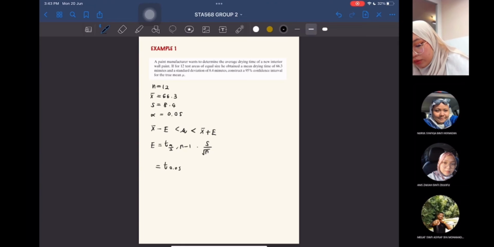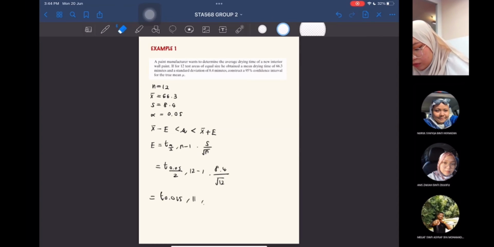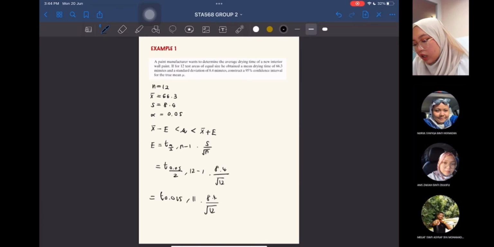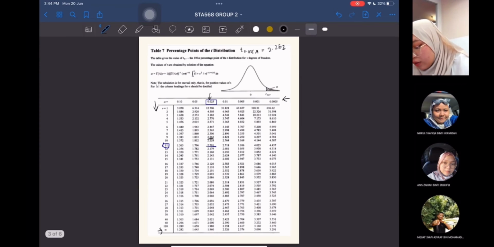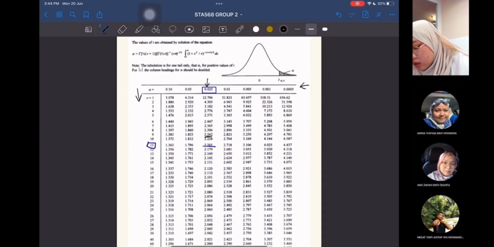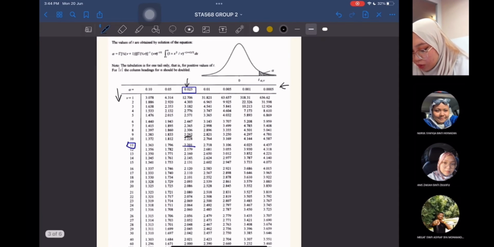That is t 0.05 over 2, comma 12 minus 1, times S, which is 8.4, over the square root of 12. For t 0.025, comma 11, we take a look at table 7. For alpha 0.025 and v is 11, the value is 2.201.